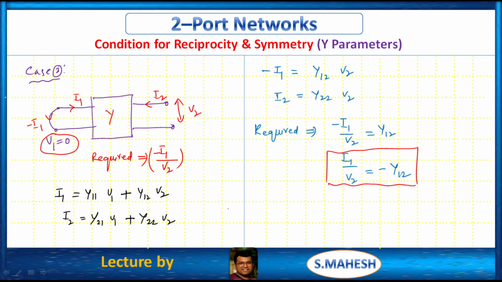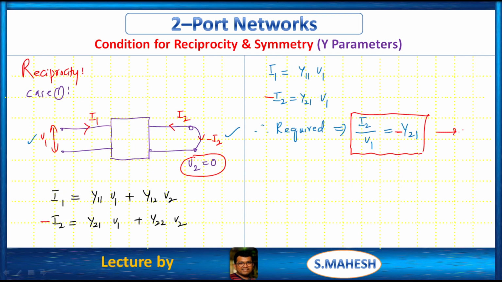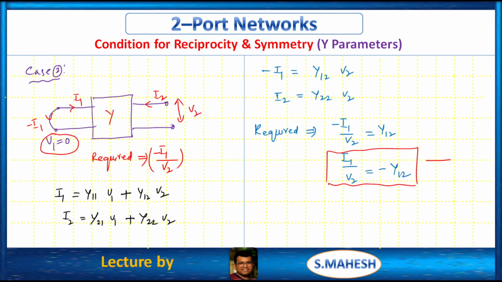Let us say this is 1, this is 2. Therefore, from 1 and 2, the ratio of response to excitation is the same. I2 by V1 is equal to I1 by V2, which is minus Y21 equal to minus Y12.